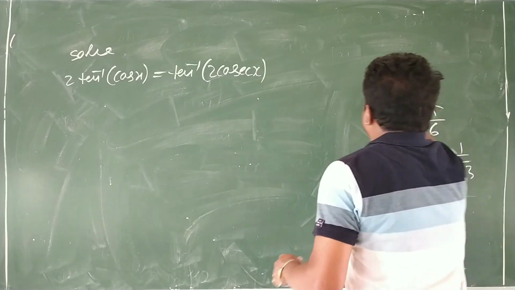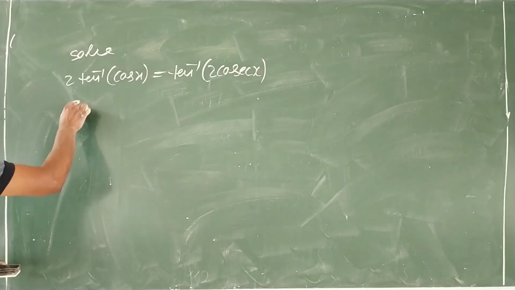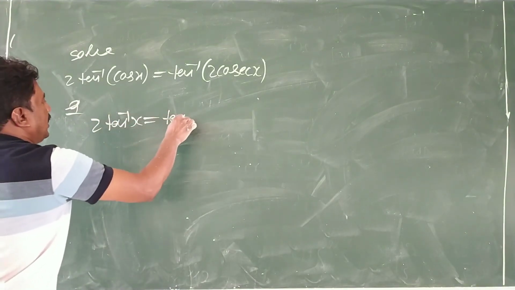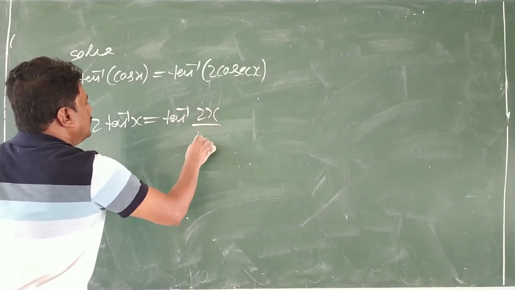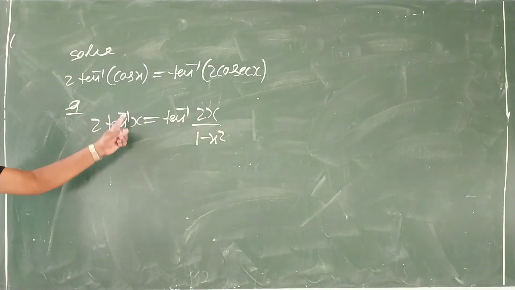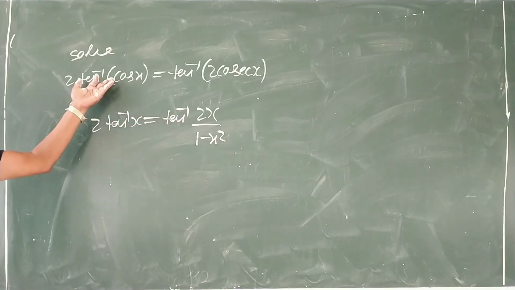2 tan inverse cos x. You use this formula. Solution. 2 tan inverse x is equal to tan inverse of 2x by (1 minus x square). Use this formula. What is 2 tan inverse x? Tan inverse 2x by 1 minus x square. You apply this formula for this one.